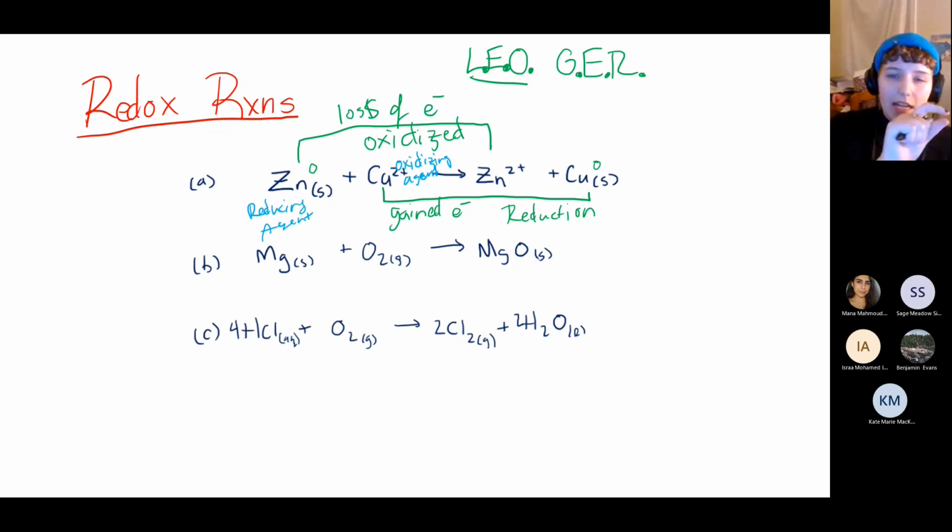That word agent is really important because it essentially means that zinc caused the reduction of copper and copper caused the oxidation of zinc. It's a confusing way to name them. But just remember, for the agent, it's opposite from what it actually is. And it helps more with practice too. Since zinc is oxidized, it's the reducing agent, and copper is reduced, so it's the oxidizing agent. It causes the oxidation.